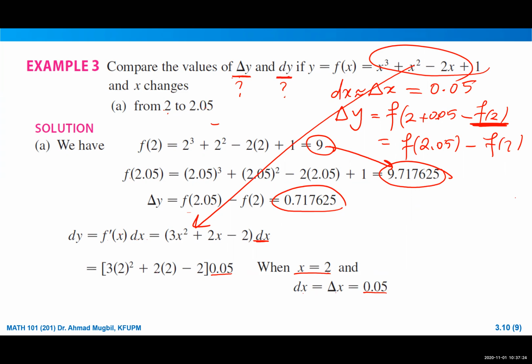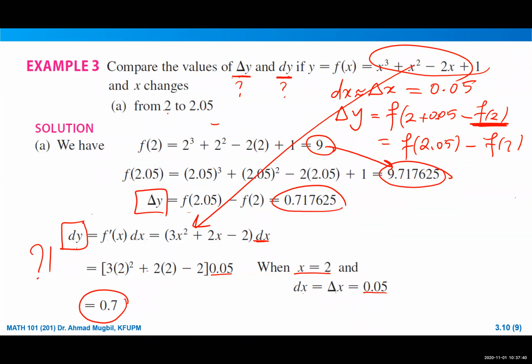You need to calculate this, and it is easy. It will be just 4 times 3 plus 4 minus 2, and then multiply by 5 over 100. So this will be 0.7. Shabab, calculating dy is much easier than calculating delta y. So we will just calculate this, and it is approximately equal to delta y. If you compare this value and this value, they are approximately the same, of course, and just here it was easier to calculate. This is part A.